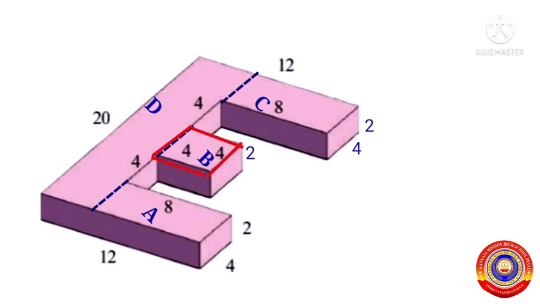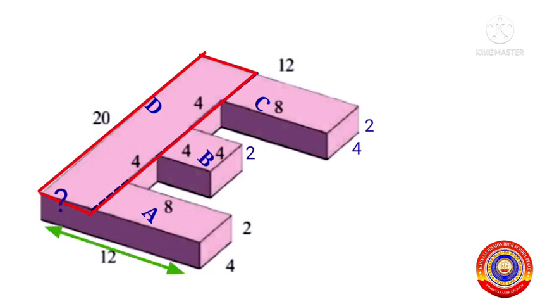Next, we have to find the length, breadth and height of block B. Here it is given that the length is 4 centimeters, breadth is 4 centimeters and height is 2 centimeters. The height is the same for all the rectangular blocks. In block D, the length is 20 centimeters and the breadth is not given. We have to find the breadth.